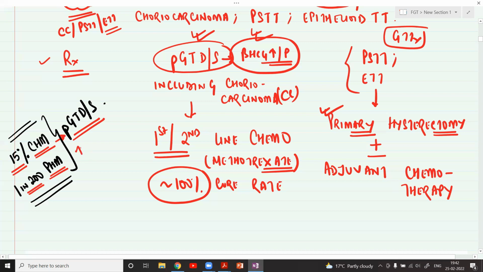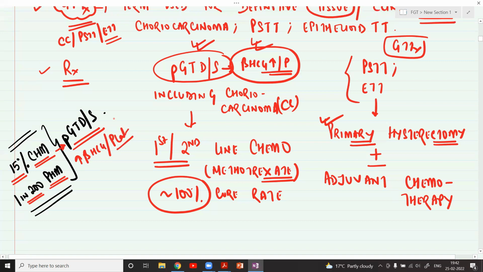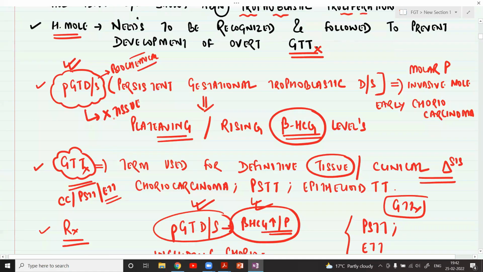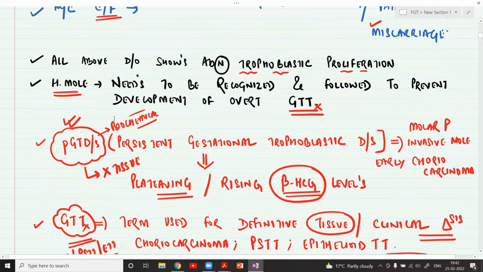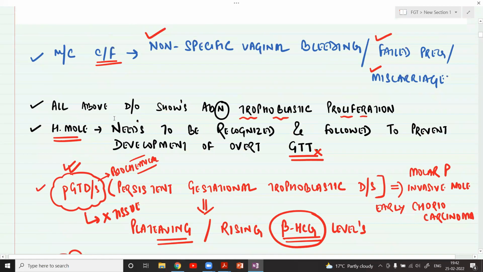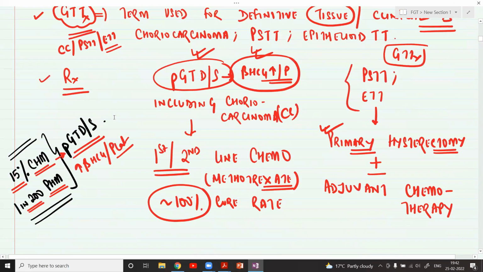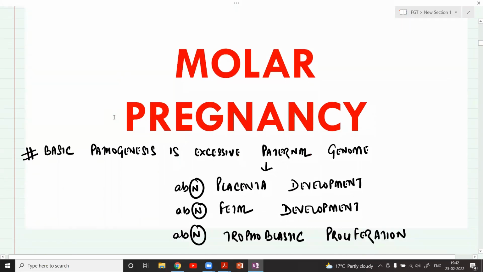That means they will have increased beta HCG levels, either plateaued or increasing. Is the concept of persistent gestational trophoblastic disease and gestational trophoblastic tumor very clear? Yes, everyone? Any doubts? Okay, now we are going to start with the molar pregnancy.